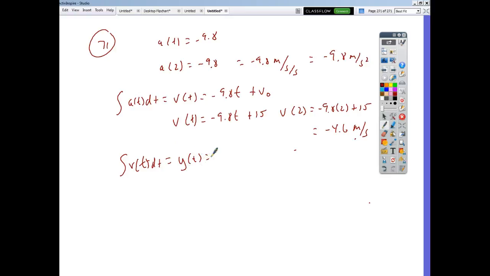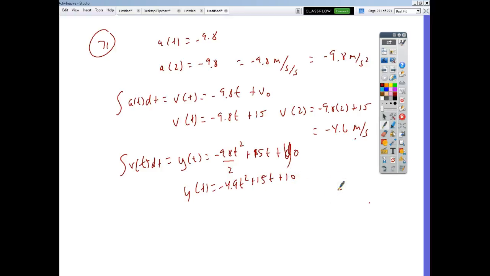So if I integrate this, I get negative 9.8 t squared over 2 plus 15t plus, what's my initial displacement? y naught. We seldom use d because the d gets really weird. So what is my y naught? It is 10.